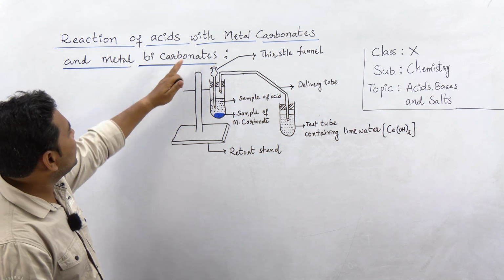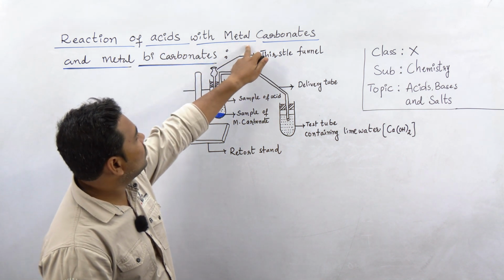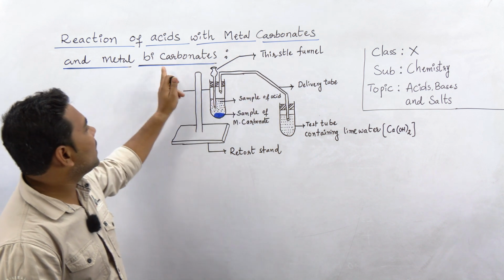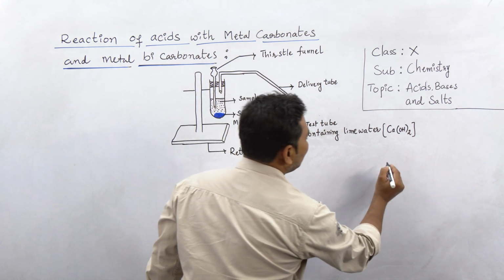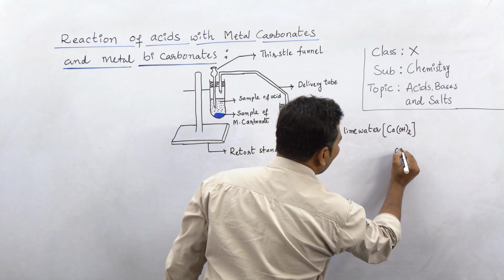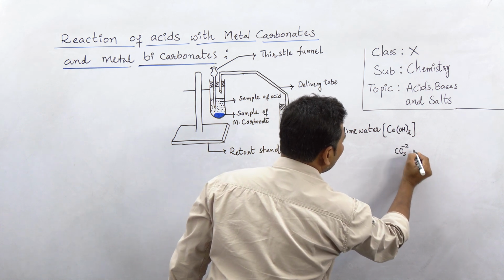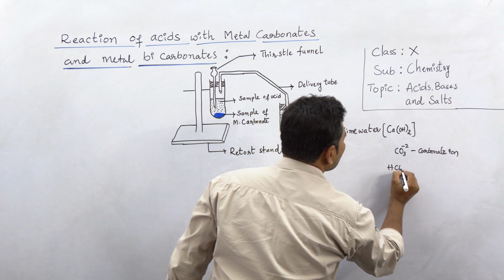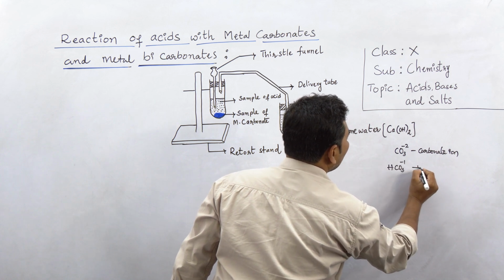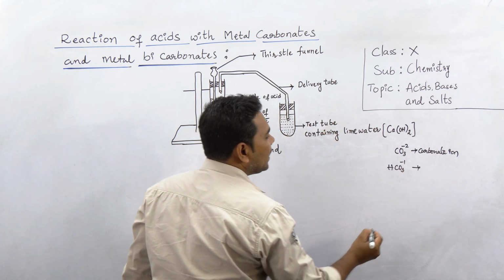Before I start this, we must know how to write the chemical formulas of metal carbonates and metal bicarbonates. What is carbonate generally? The carbonate ion is CO3 2-, whereas HCO3 minus is called the bicarbonate ion.